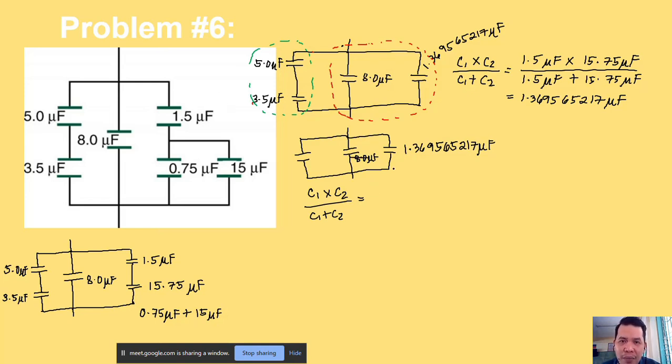So for me, C sub 1, that's 5.0 microfarad times C sub 2, it's 3.5 microfarad divided by, si C sub 1 po natin is 5.0 microfarad plus 3.5 microfarad. 5 times 3.5 divided by 5 plus 3.5.